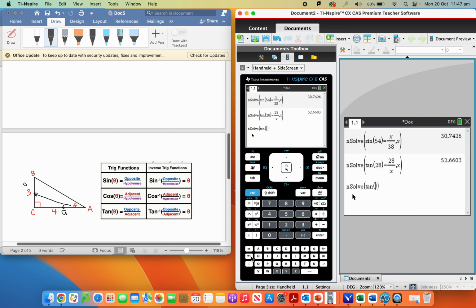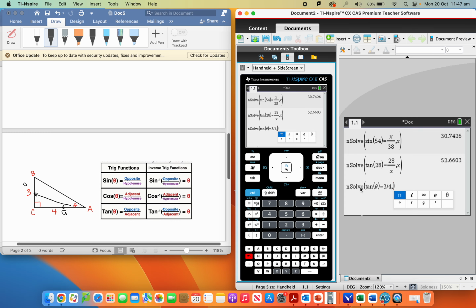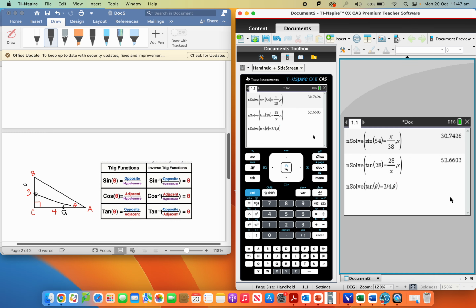Now we come down to the pi symbol and find our theta sign. Then we close the brackets, and that is equal to the opposite side. The opposite side is 3 divided by the adjacent side, which is 4. We're solving for theta, so we do comma, come down to the pi symbol again, choose theta, close the bracket and solve.